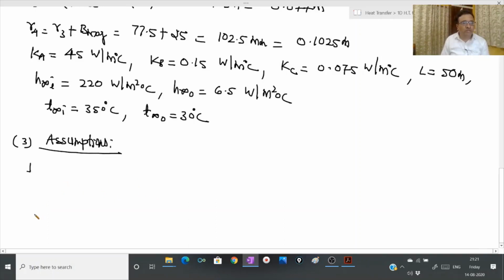Number one assumption is one-dimensional steady state heat transfer.